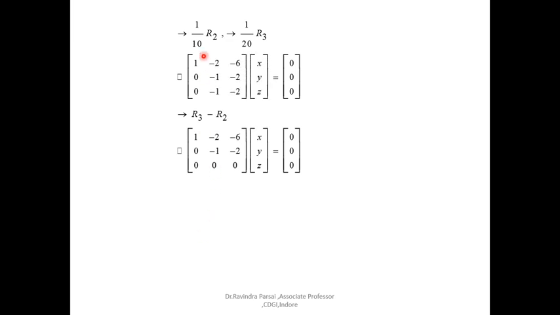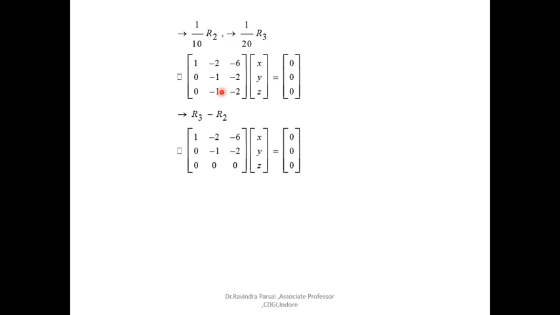Then your R2 is divisible by 10, and R3 is divisible by 20. So you get the matrix equation 1, minus 2, minus 6; 0, minus 1, minus 2; 0, minus 1, minus 2, times x, y, z equal to 0, 0, 0.